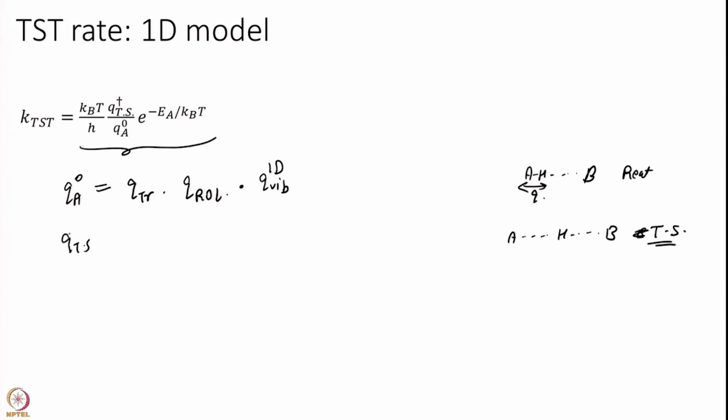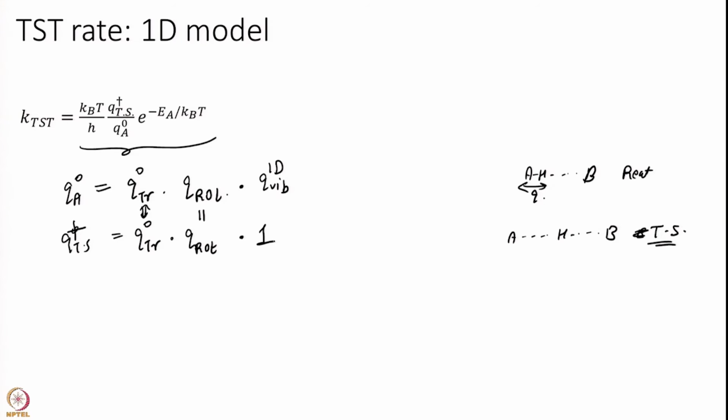QTS. The translational part I will assume is equal. Actually that is a very good approximation because the mass will not change in this simple minded structure. More importantly, even the rotational part we will assume is equal, and the vibrational part we will assume is 1.